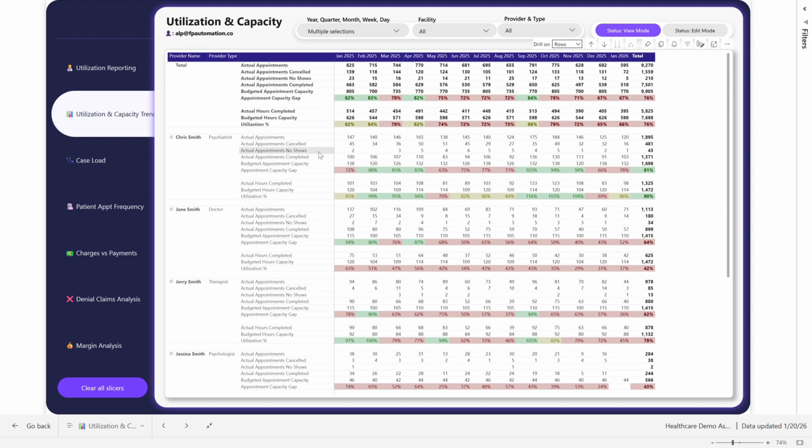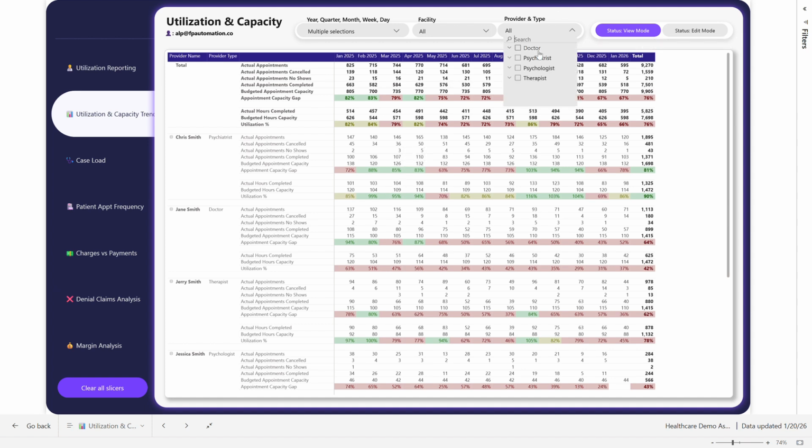Now what this can ultimately tell us is, is there capacity for certain providers, and do we have a cancellation problem, or is this a demand problem and this is something that we need to put marketing efforts behind in order to fill gaps where we have demand issues so that providers are working as expected.